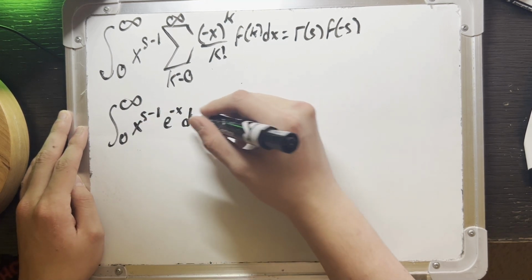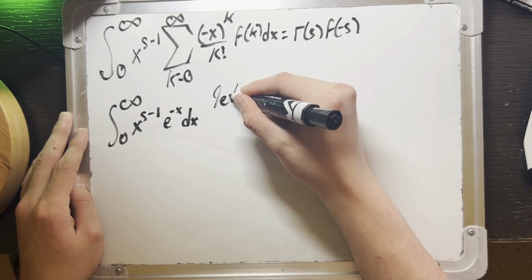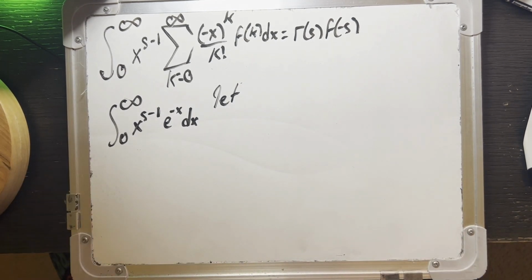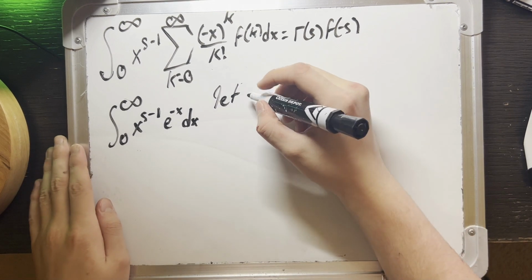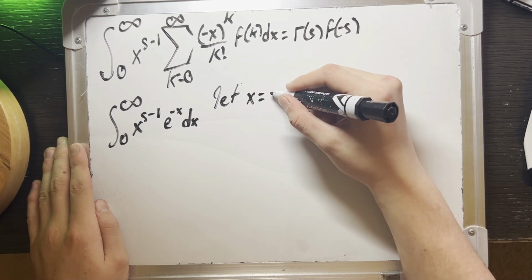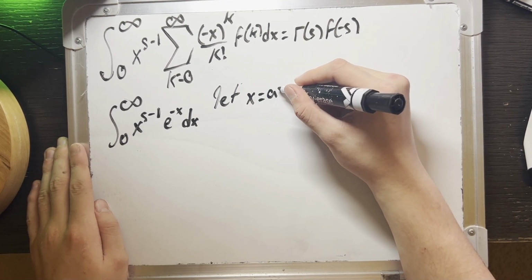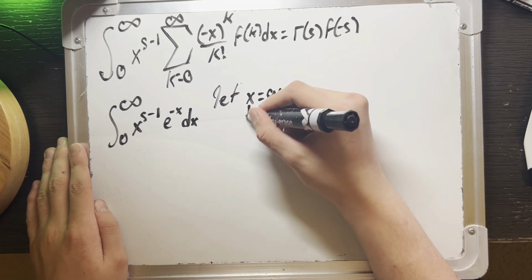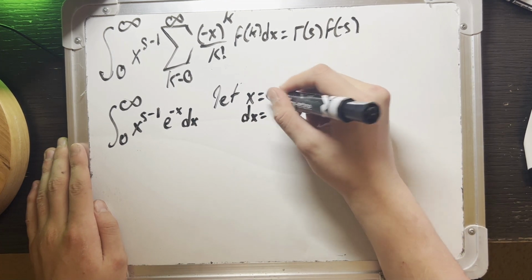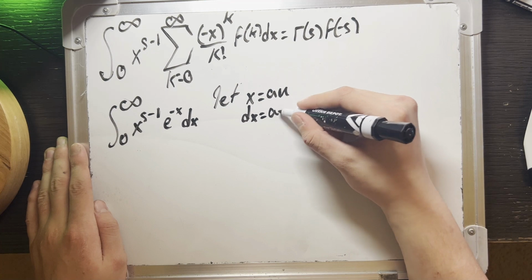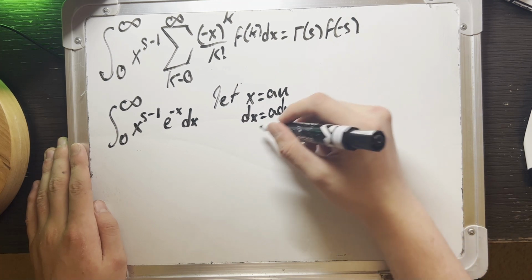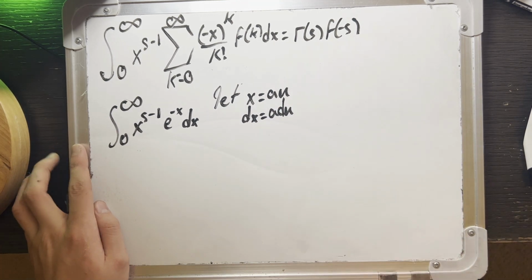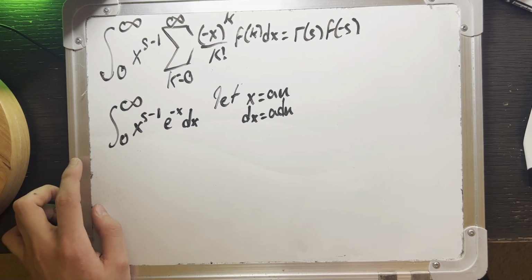And now we're going to do a substitution. We're going to let x equal a new variable a times a new dummy variable u. So dx is going to subsequently equal a du. And is that right? Yep, that is right.